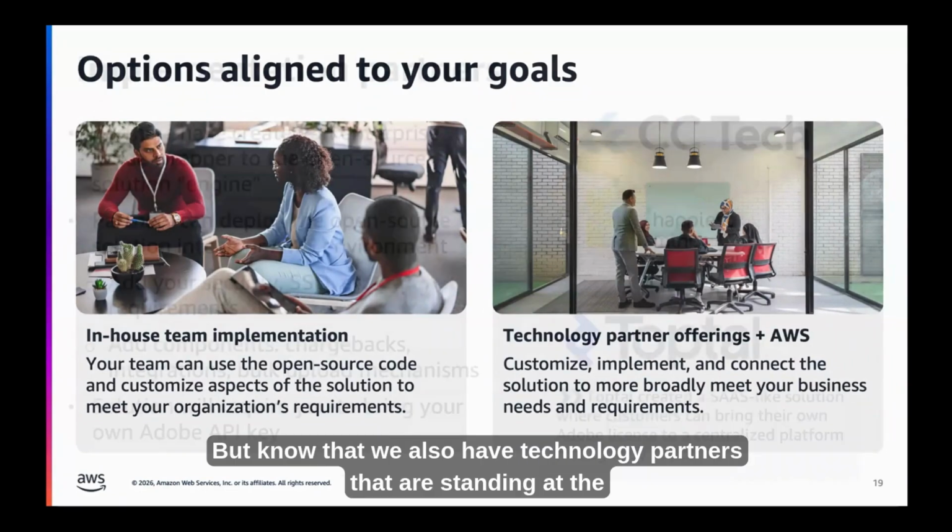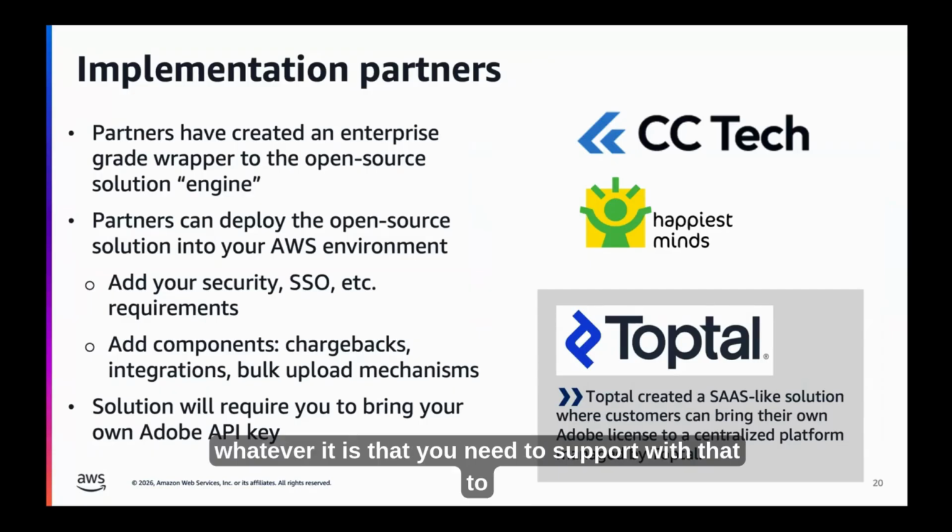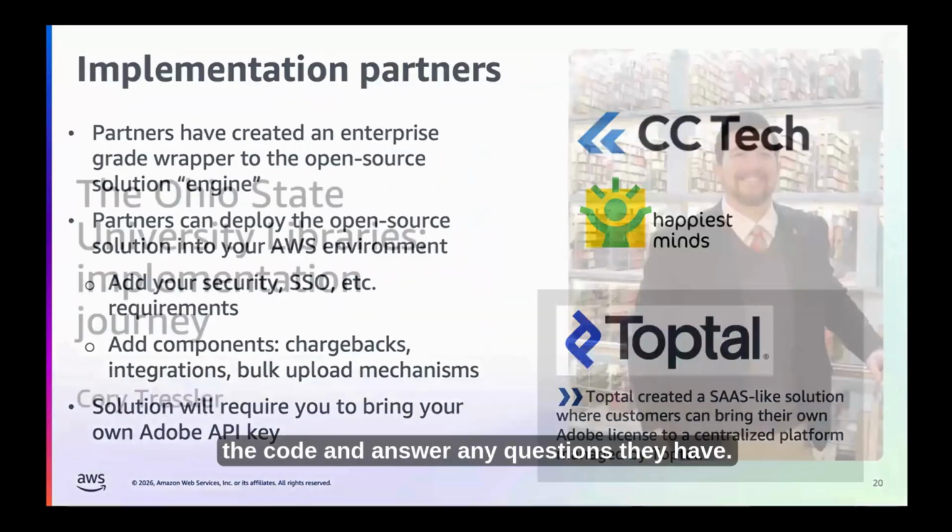But we also have technology partners standing at the ready to help you with implementation, whatever you need to align to those compliance deadlines and beyond. They're available from internal AWS teams or technology partners out in the community. Or if you have a technology partner that you work with, we can work with them to make sure they get the code and answer any questions they have.